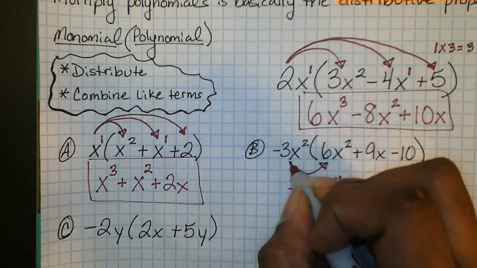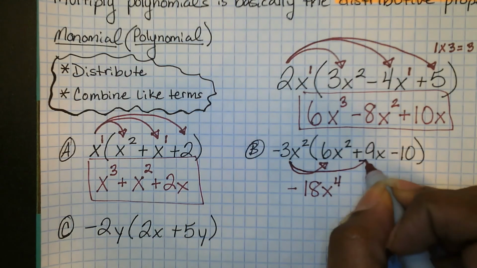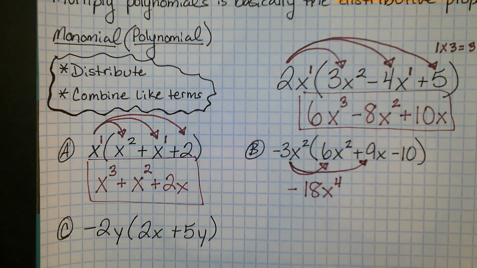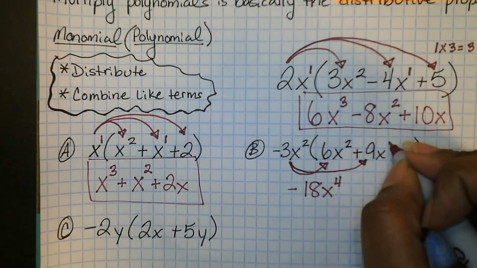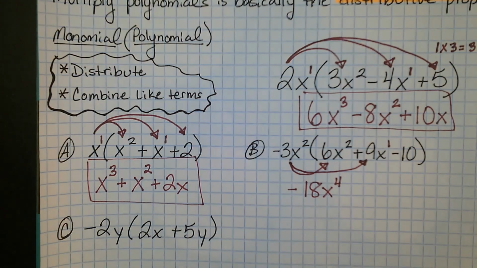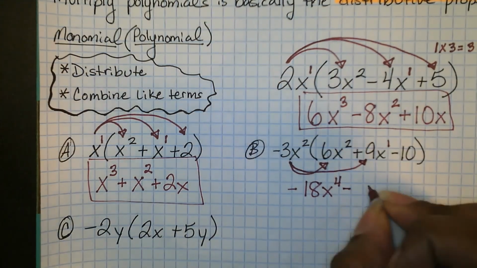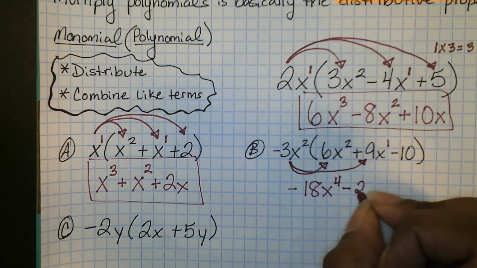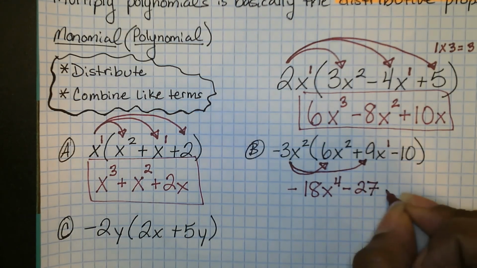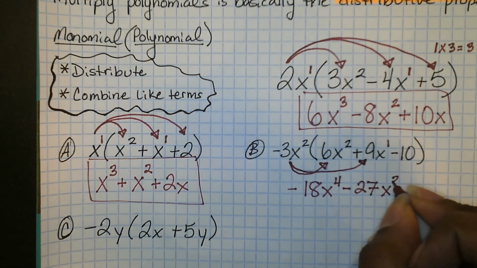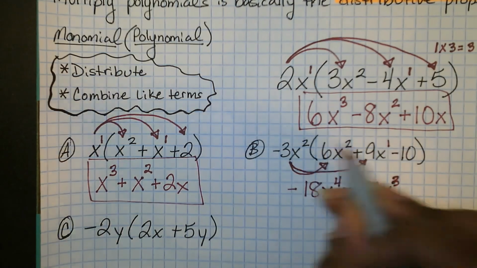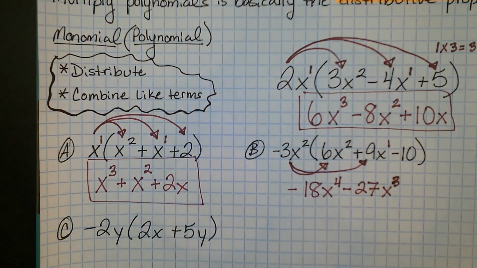Then we have to do times the 9x. So negative 3x squared times 9x leaves us with negative 27x cubed, because 2 plus 1 makes 3.